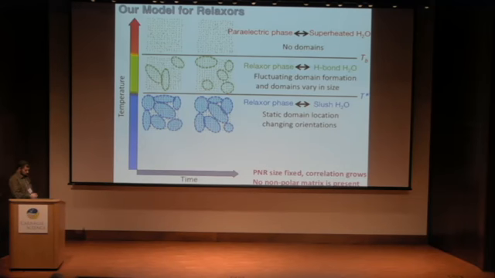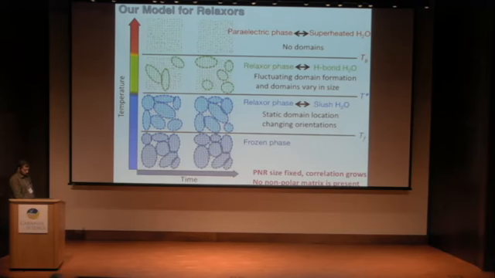And this is, we think, like a slush kind of water. And then finally, in the frozen phase, everything freezes, at least on the time scale of our simulations, and probably many experiments also, where both the positions and the polarization directions inside the domains are exactly the same at both snapshots.